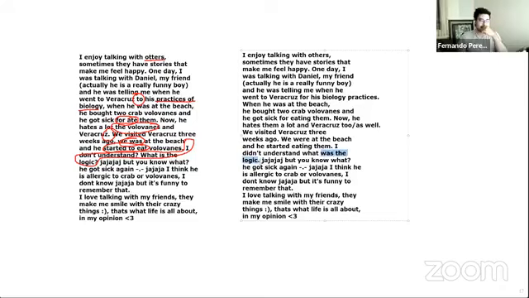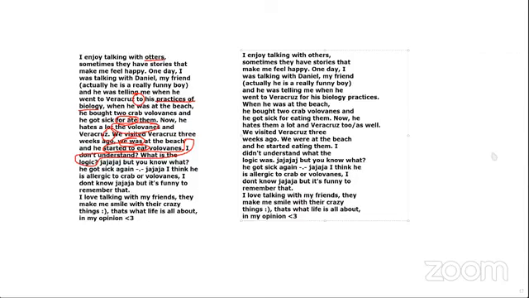Now the next part is very interesting. Is this a question or an affirmation? An affirmation. According to the rules of the verb to be, in the affirmation, the verb be goes after the subject, not before.